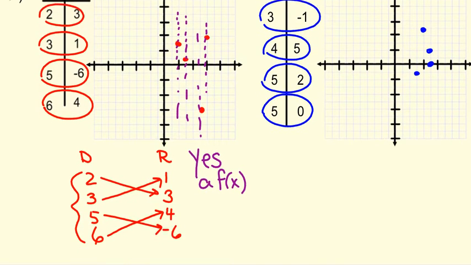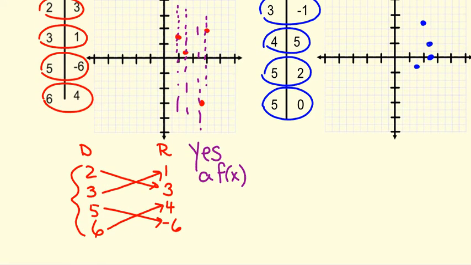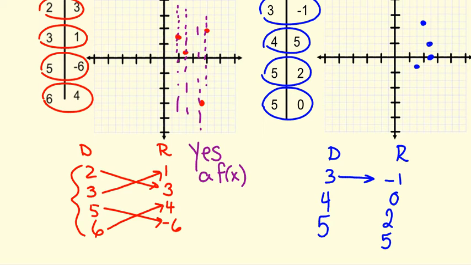As a mapping, again, the domain and the range circles. We have 3, 4, 5 as our domain values. And then we have negative 1, 0, 2, and 5. So 3 maps to negative 1, 4 maps to 5, 5 maps to 0 and 2.